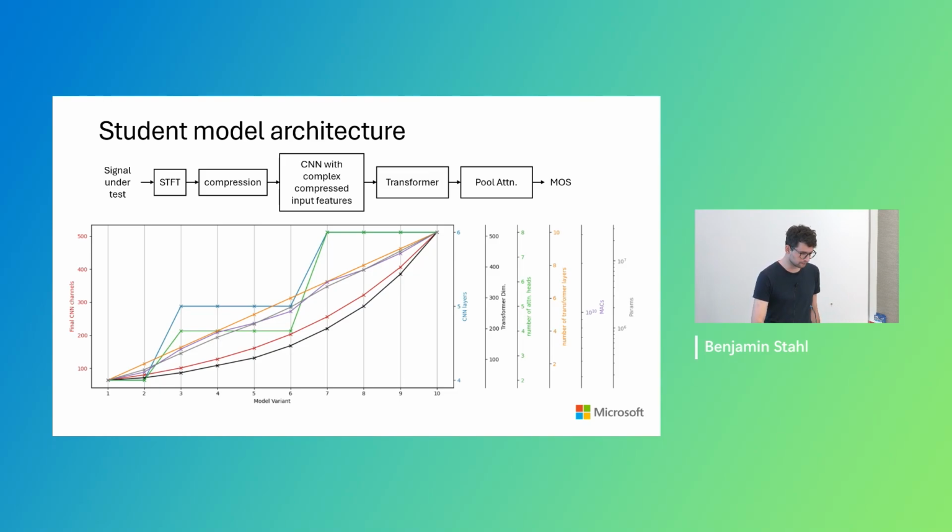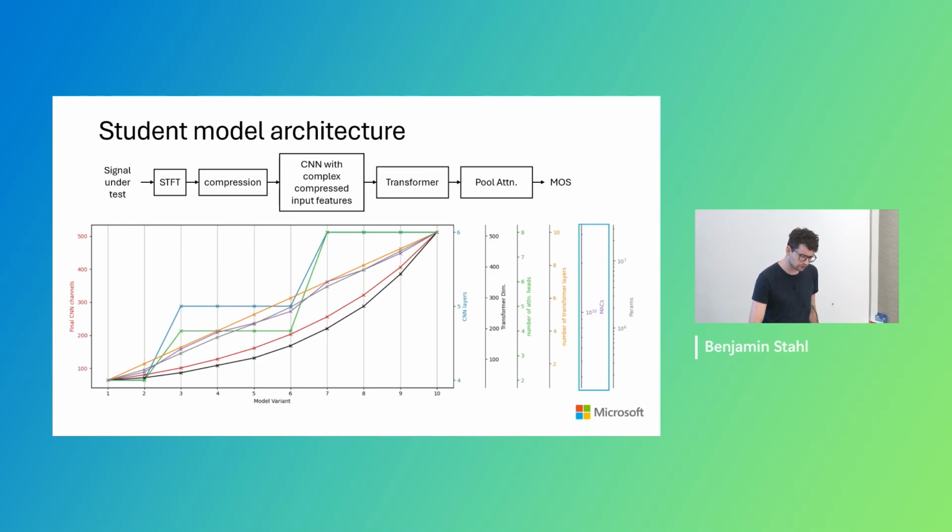So here, by varying the number of convolutional channels in the CNN, the dimension in the transformer, the number of attention heads, the number of layers in the transformer, that then gives you these multiply-accumulates, the computational cost, and the parameters.